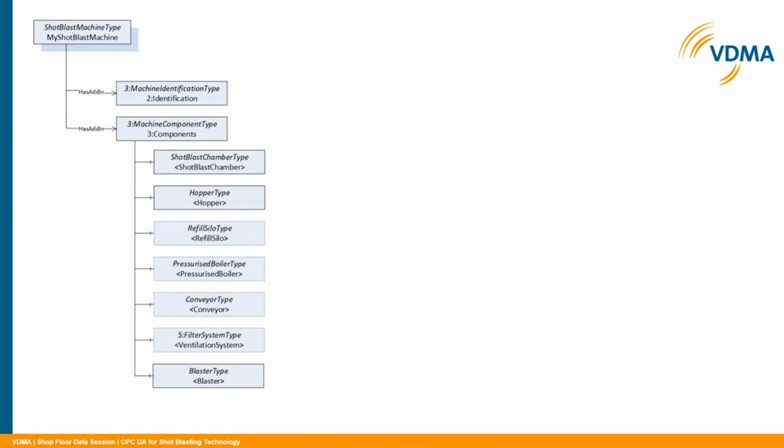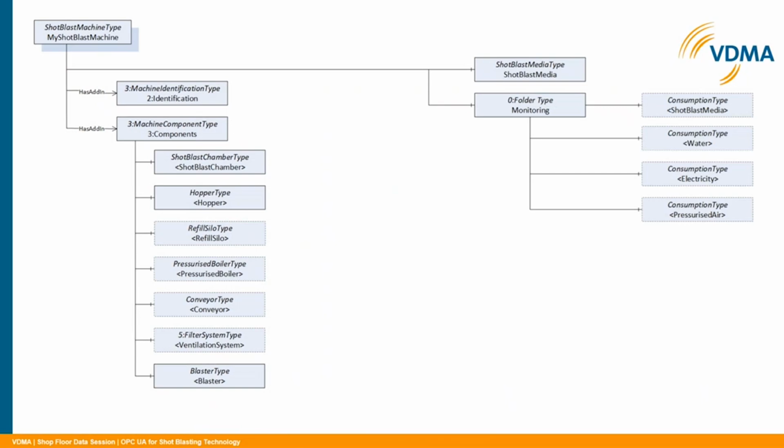Okay, so this is the components side now. In addition to the identification block and the components block, we also added some other nodes to our shot blast machine type. The shot blast media type that you can see on the right side here is giving you all the information about your shot blast media.